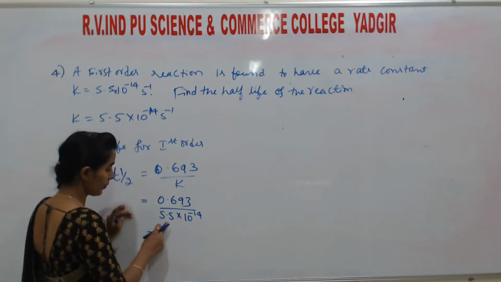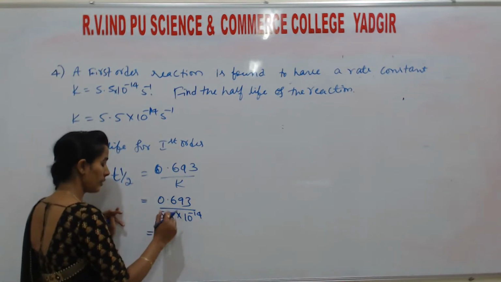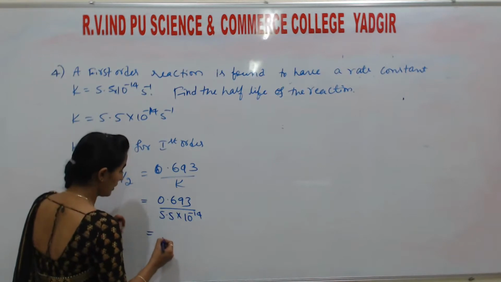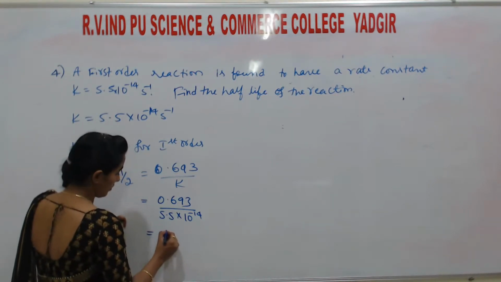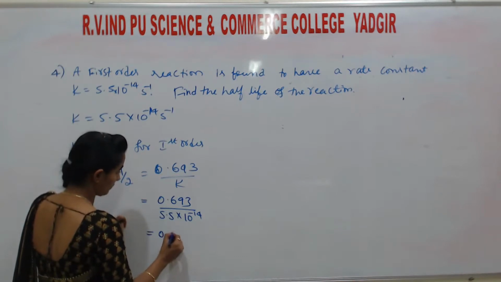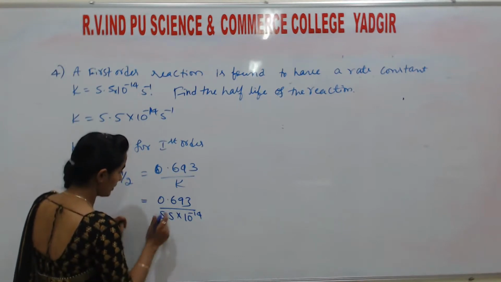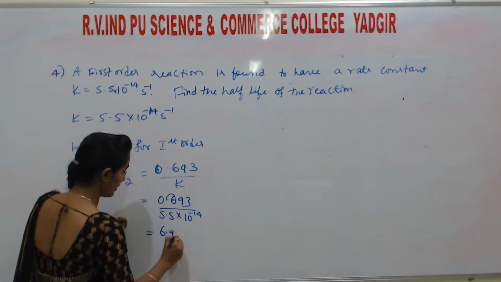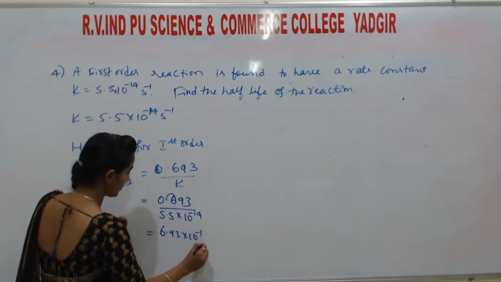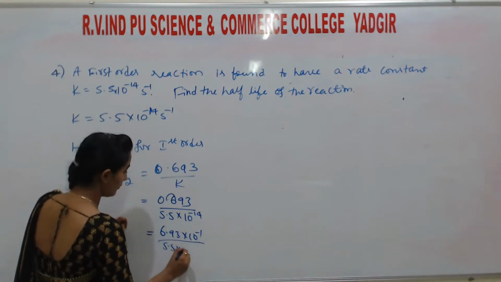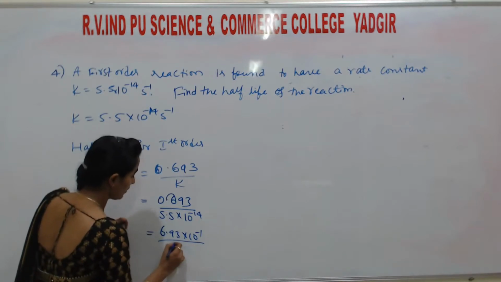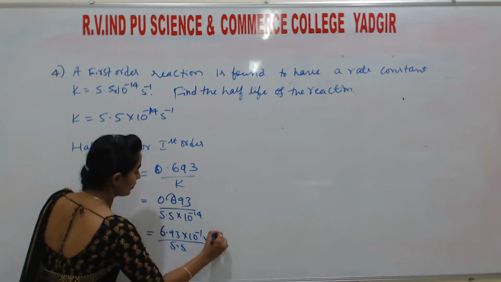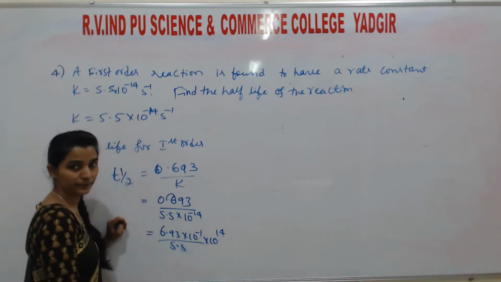Okay, so here 5.5 is there, here 6.93 is there. I'll shift the point here. That is 6.93 into 10 power minus 1 divided by 5.5 into 10 to the power of minus 14.